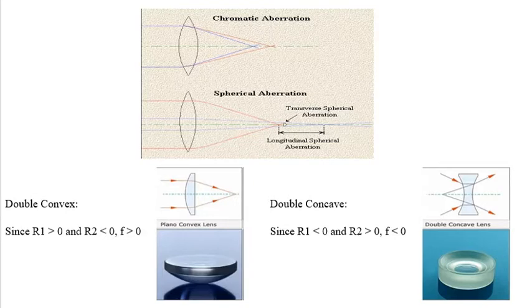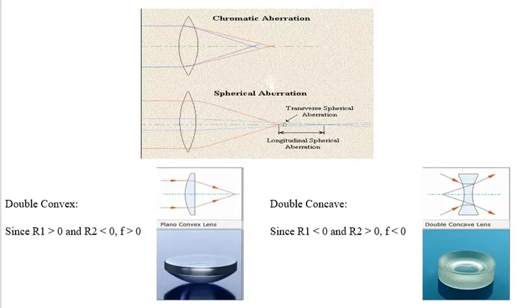Due to refraction and dispersion, the lens won't be able to focus the different wavelengths at the exact same point as the focal point. This type of effect is known as chromatic aberration, which produces a blurry image.